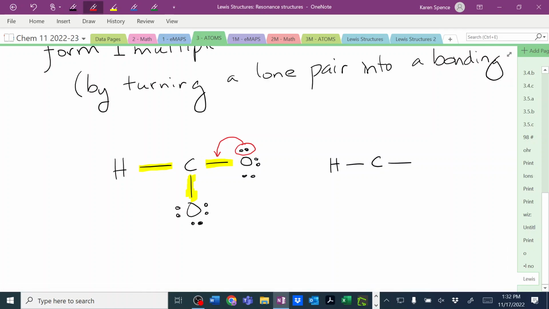So that red pair is now forming a bond. And I have my lone pairs left there, 2 lone pairs on that one, and 3 lone pairs there.